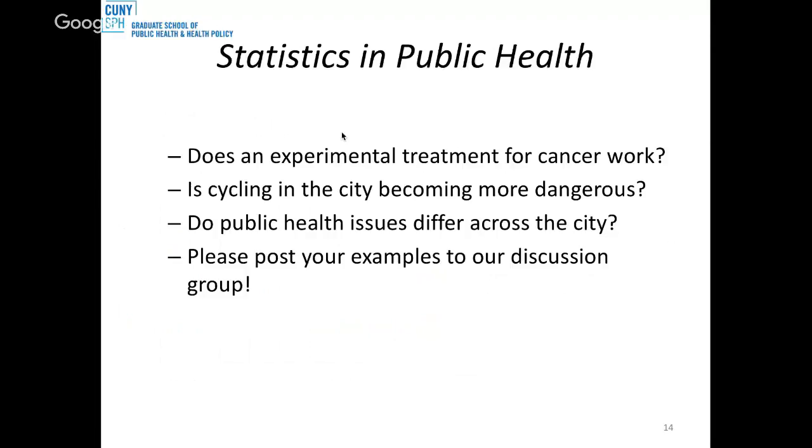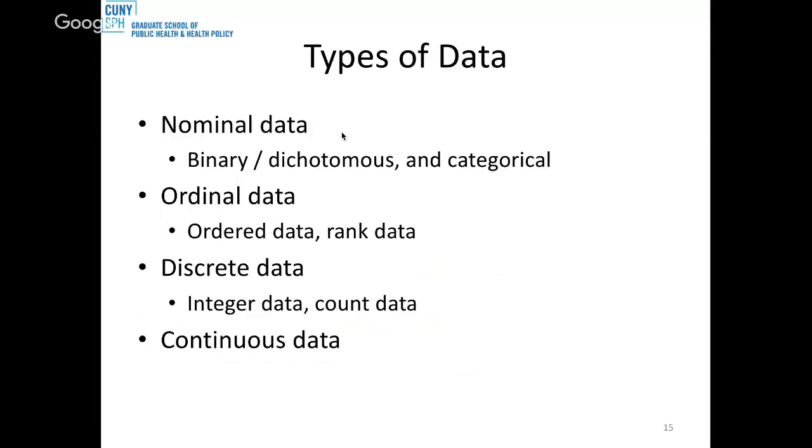Is some public health issue different in different parts of the city? So spatial kinds of questions, or any other ones. And feel free to post them, especially if you have some that you are thinking of for projects and are wondering if there are data for them.